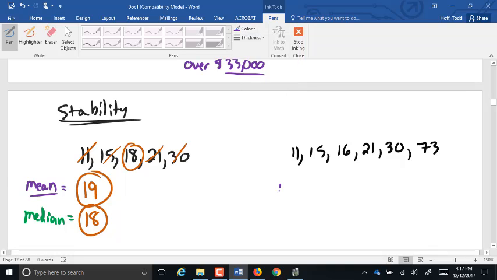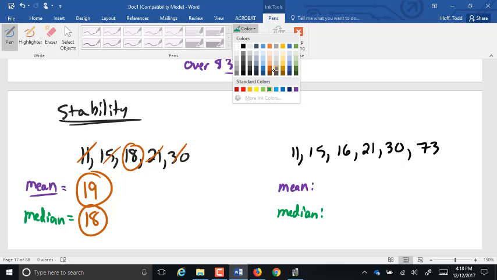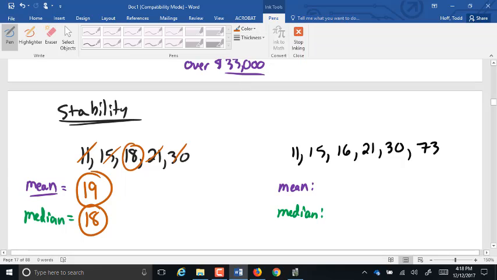Find the mean of that. What do we get? Is it 28 now? 27.6?